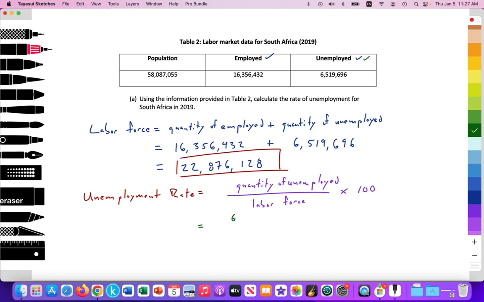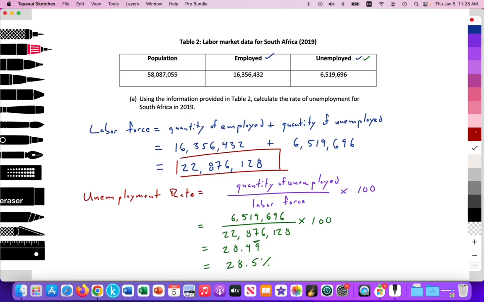So here we have 6,519,696 divided by a labor force of 22,876,128 multiplied by 100. And that will work out to 28.49. Repeating, the cover sheet for an exam will state to illustrate the number to the second significant decimal value. So we'll just round that up to 28.5%. And there you have your answer, right here.